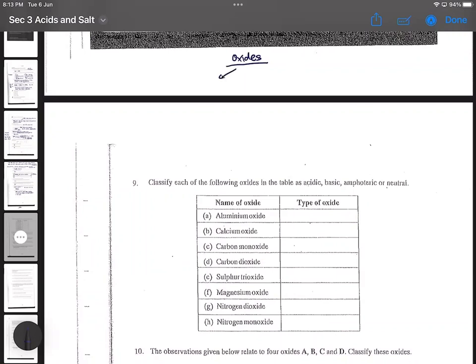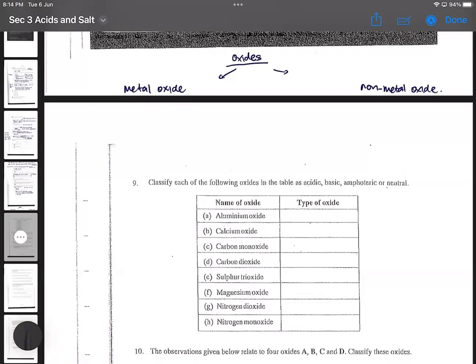So the two classifications are either metal oxides or non-metal oxides. Under metal oxides, we have two different types.